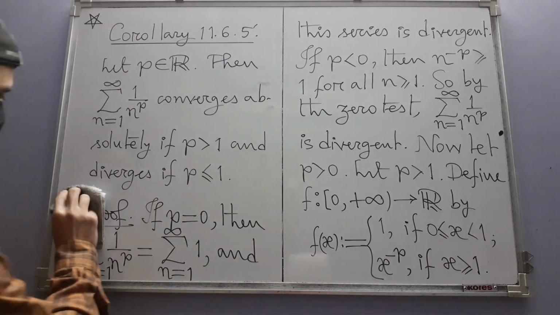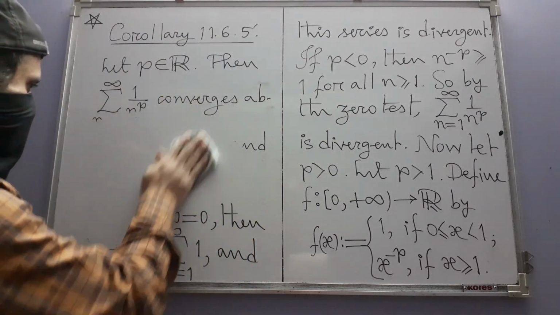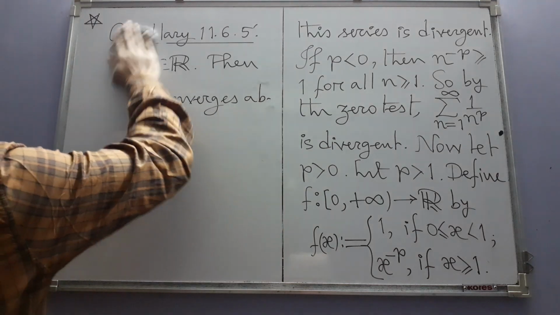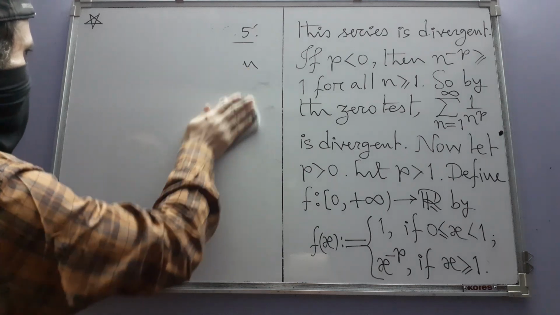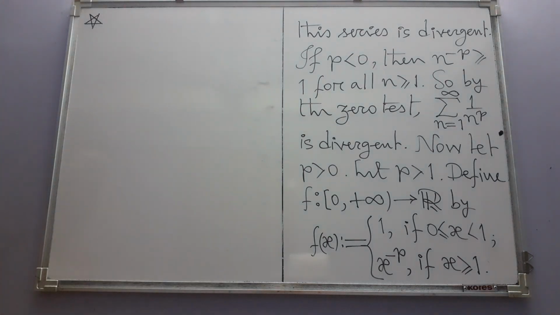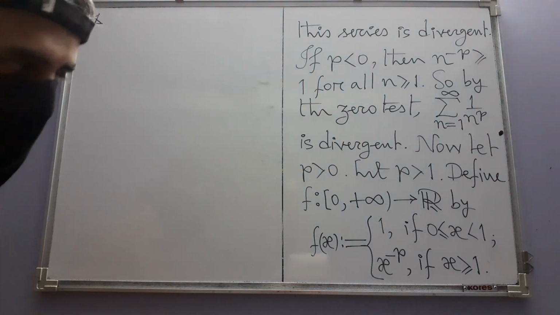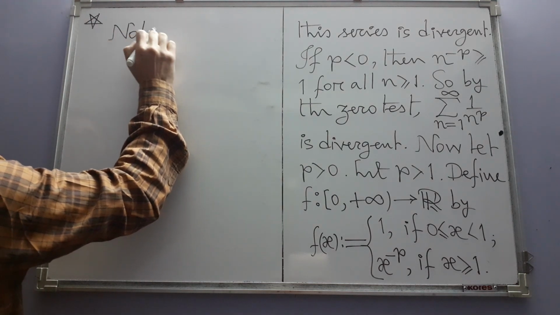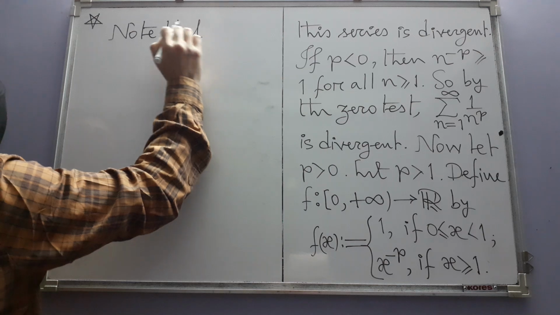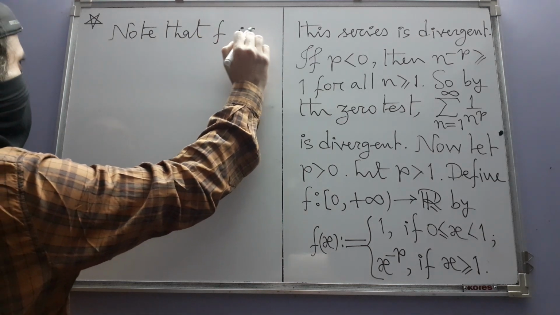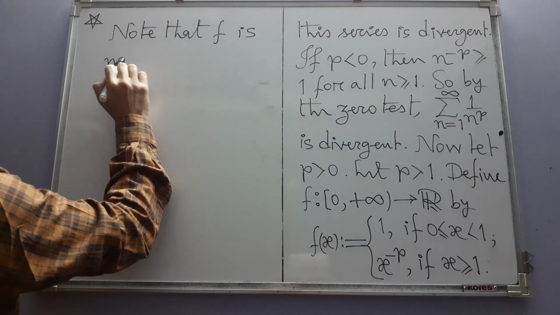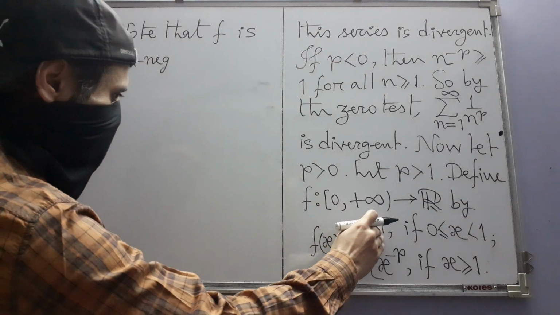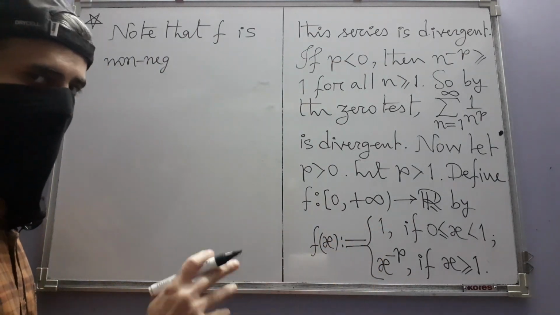And also, this function is going to be non-negative and monotonically decreasing. Note that f is actually positive itself, even we are not going to have 0 as output.